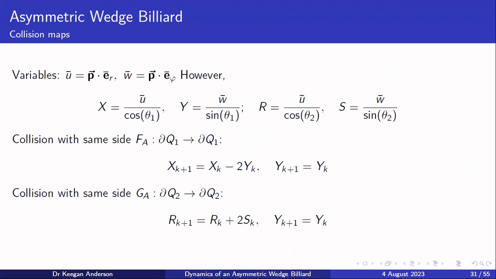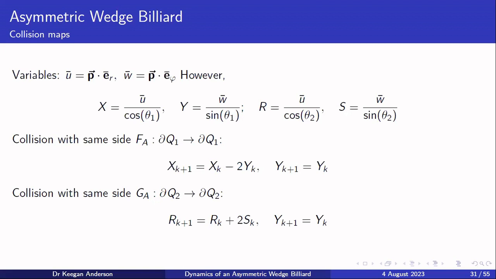Again, we follow the same sort of approach as was the case for the symmetric case. We will look at the momentum components, except here we introduce a few extra variables. For the symmetric case, we had capital X and capital Y. But now for the asymmetric case, we have capital R and capital S as well.